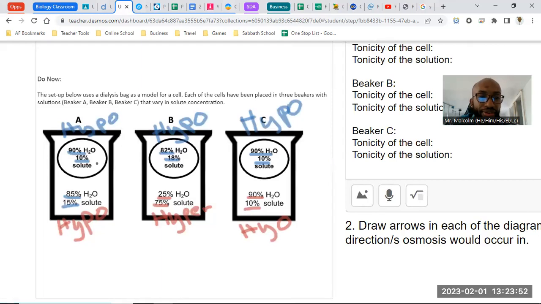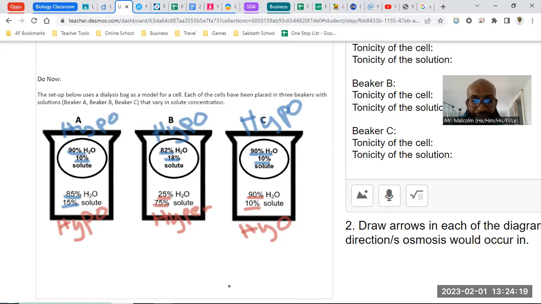In this case, we have more water on the inside than on the outside. So which way would the water molecules move? Would they go from inside the cell to outside, or from outside to inside? Which one would it do?